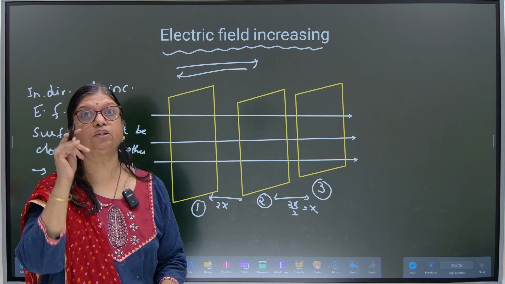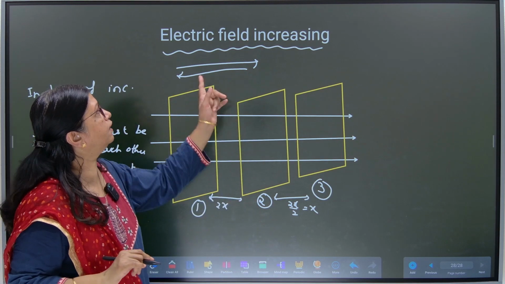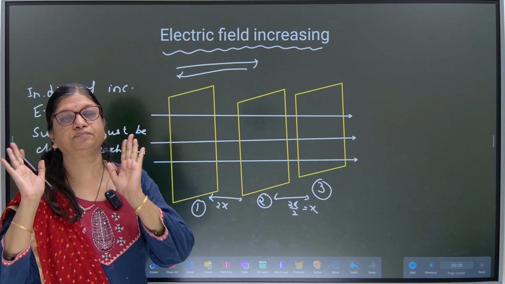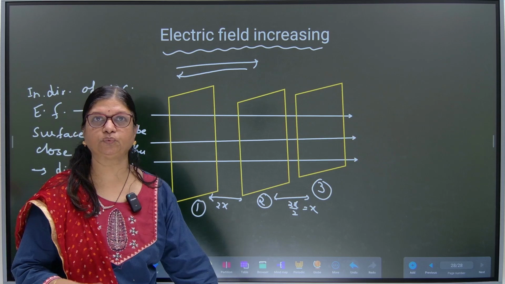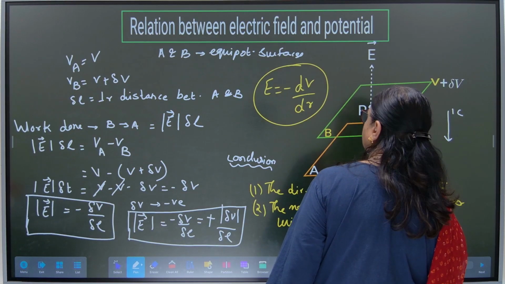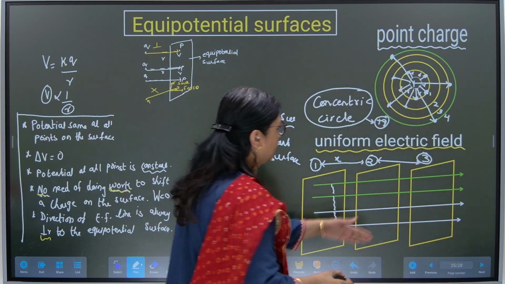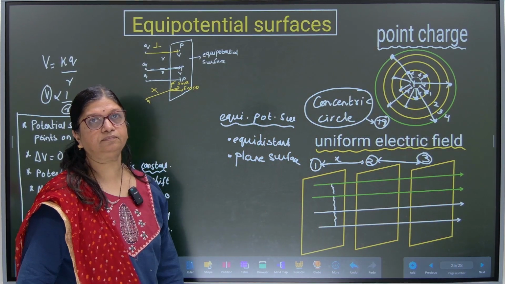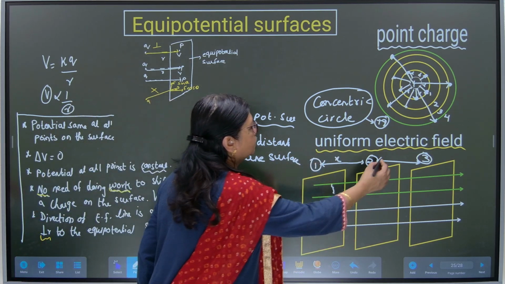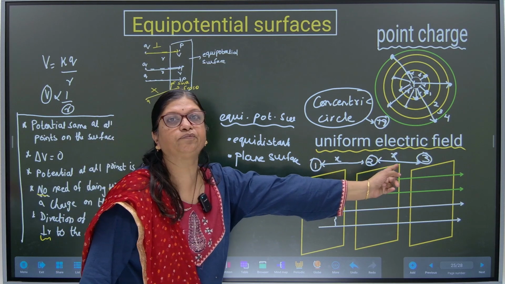Fine. Now this you compare with the uniform electric field. What did we say? The distances were equal in the first page of our video, as you can see here. Fine. The distances were same. This is x and this is also x. Because the electric field is uniform.